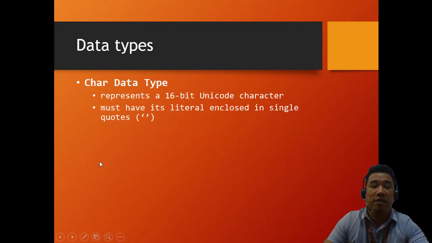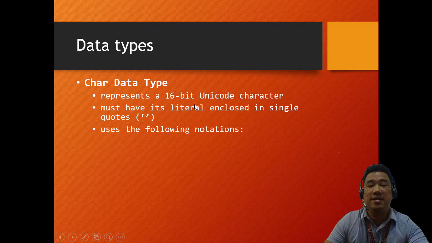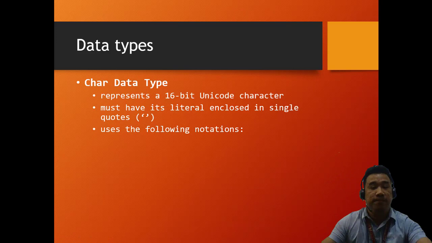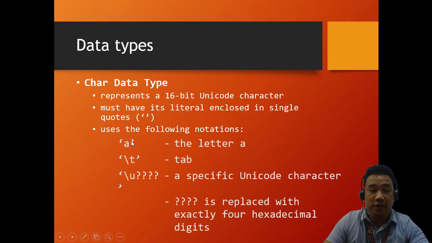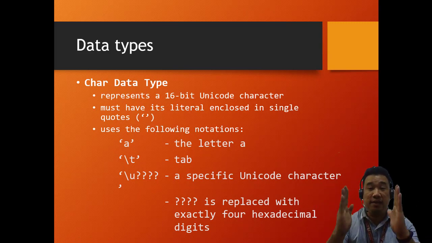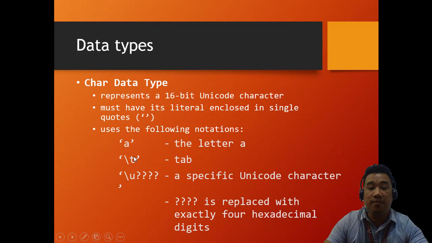Next, we have the char data type. It represents a 16-bit Unicode character. So, it must have its literal enclosed in a single quote. So, kumbaga, ang laman niya dapat naka-single quote. Use the following notation. For tab, let's say you want to print or display output with a space using tab, so slash t.